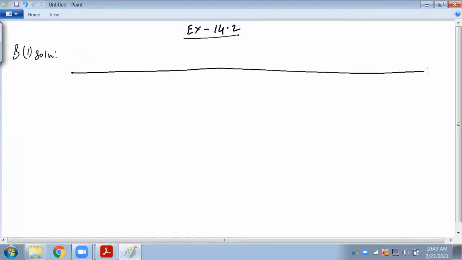So how to make a frequency table? In the frequency table, first we'll have the item. Item here is blood group. Next we'll take tally marks, and the third will be frequency.